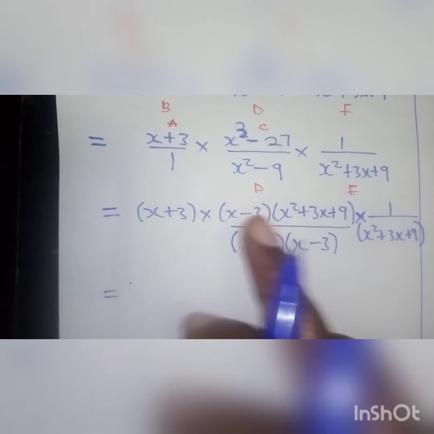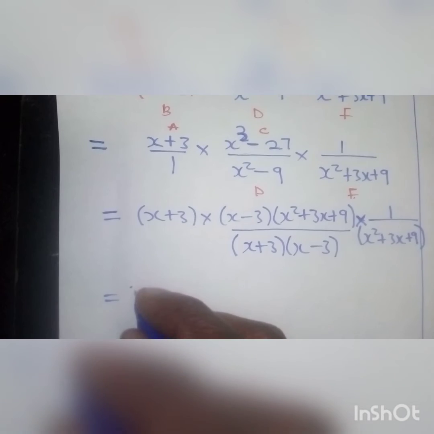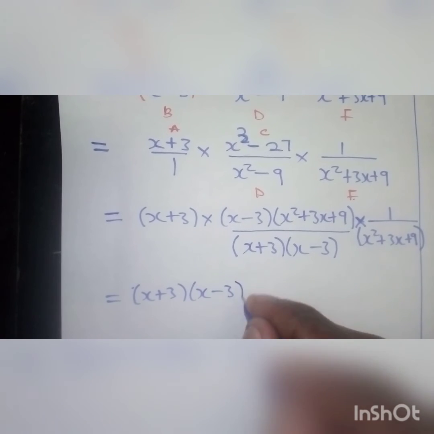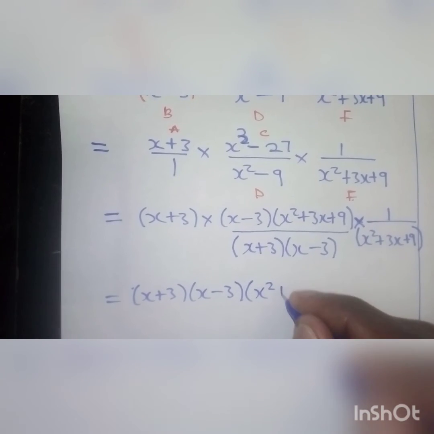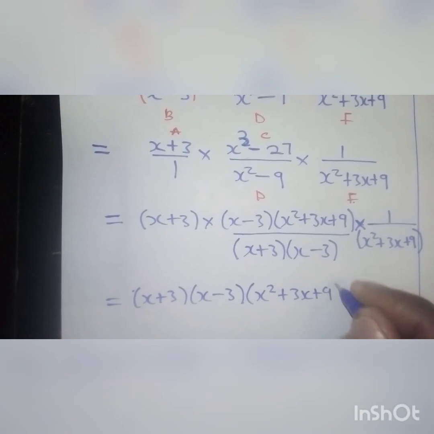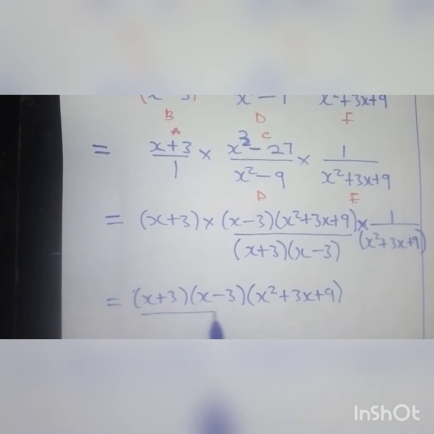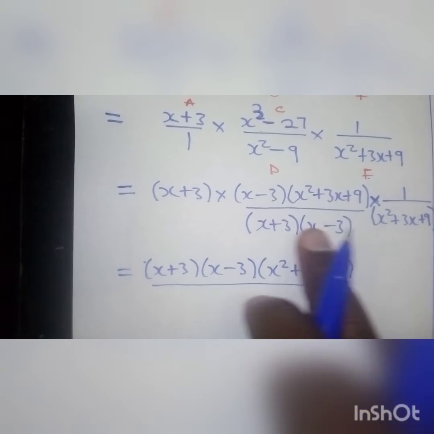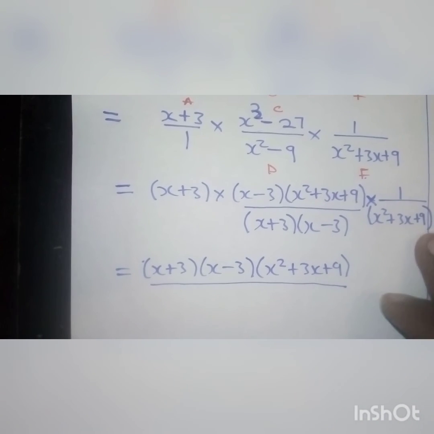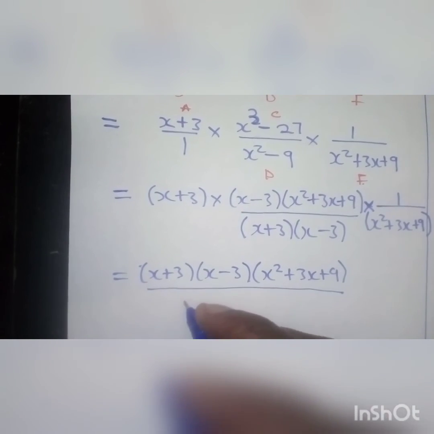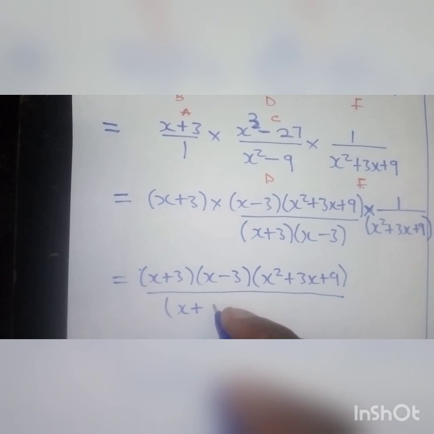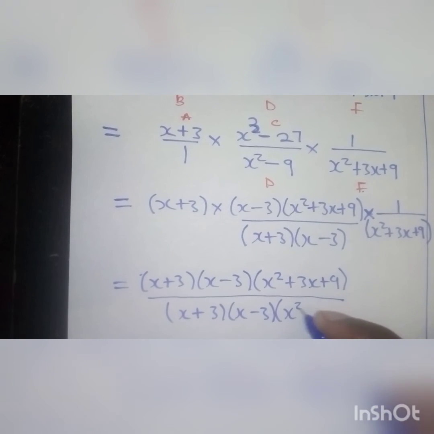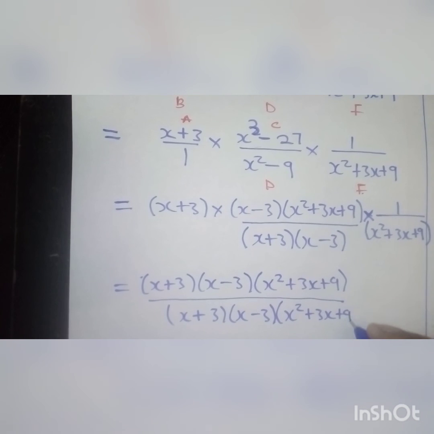So this multiplied by 1 gives me x plus 3, x minus 3, x squared plus 3x plus 9, multiplied by 1. So this expression multiplied by this expression, we are left with x plus 3, x minus 3, and x squared plus 3x plus 9.